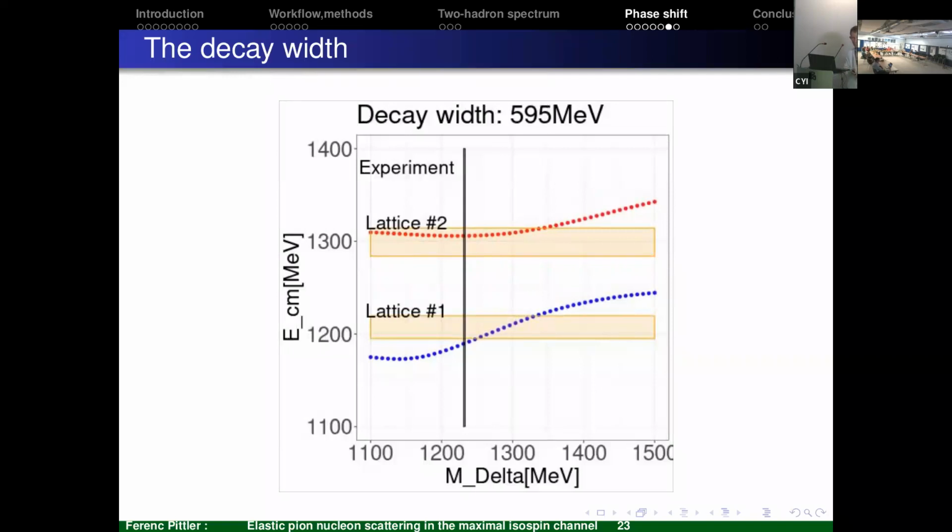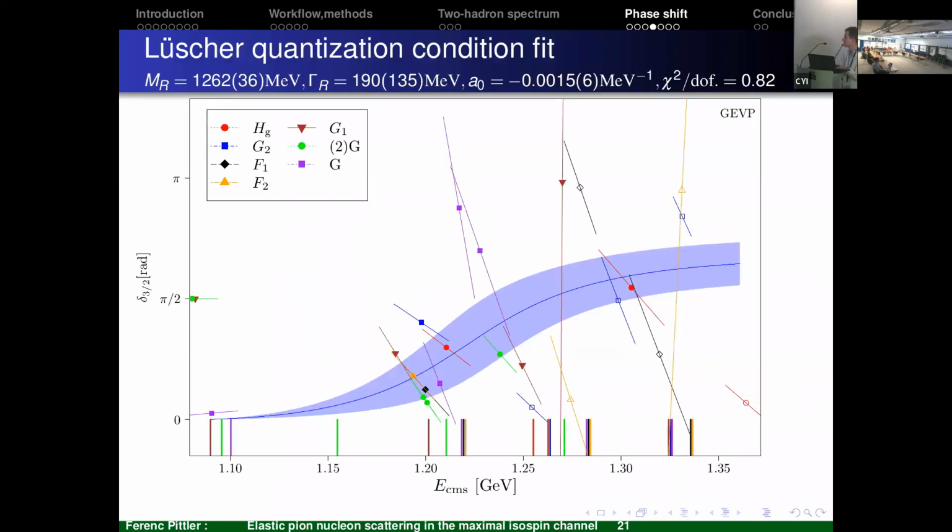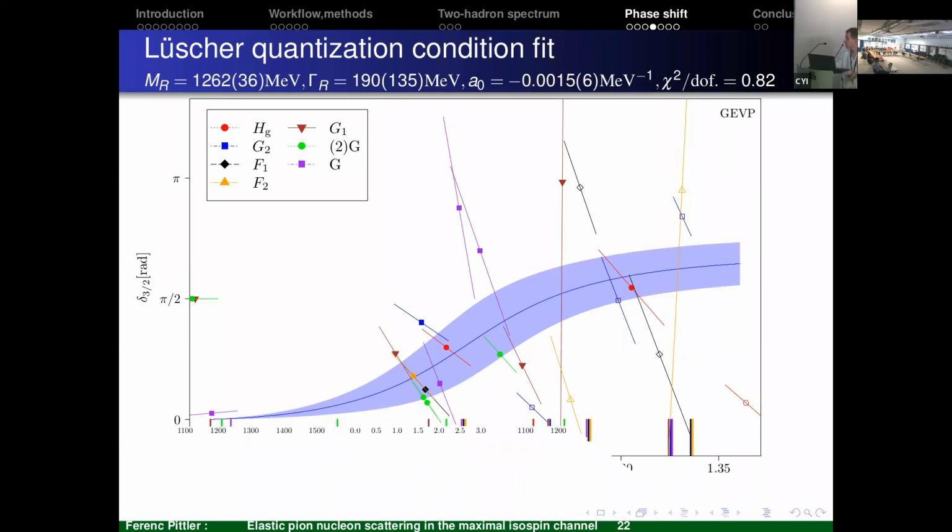This is the reason why I have this very large error on the width, because the quantization condition itself does not restrict the value of the width correctly.